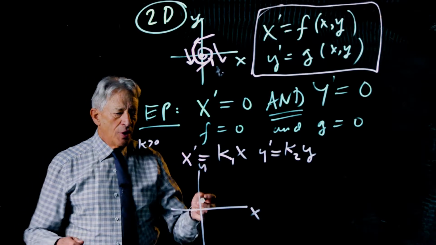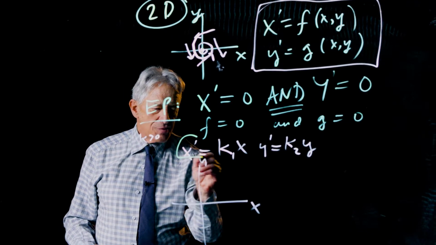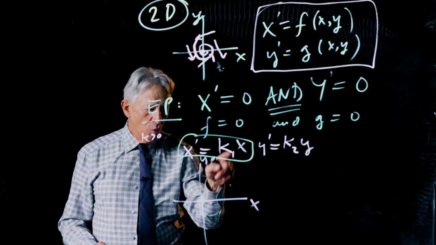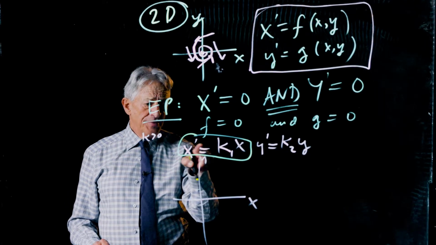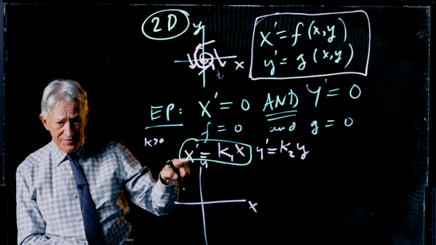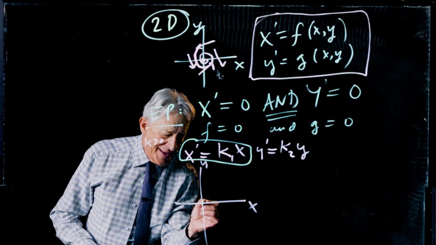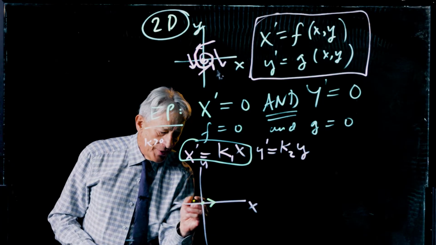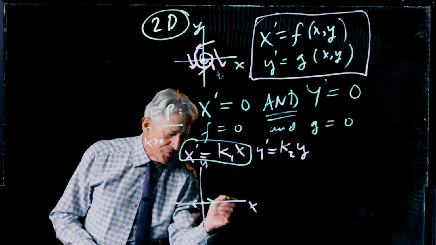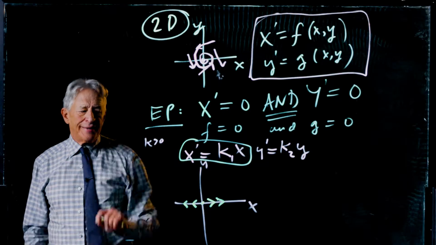And we know that on the x-axis, x prime equals k1x. In other words, this is an unstable equilibrium point because of the positive k. It's an unstable equilibrium point in the x-axis. So the arrows are going to go like this. Classic unstable equilibrium point in x.